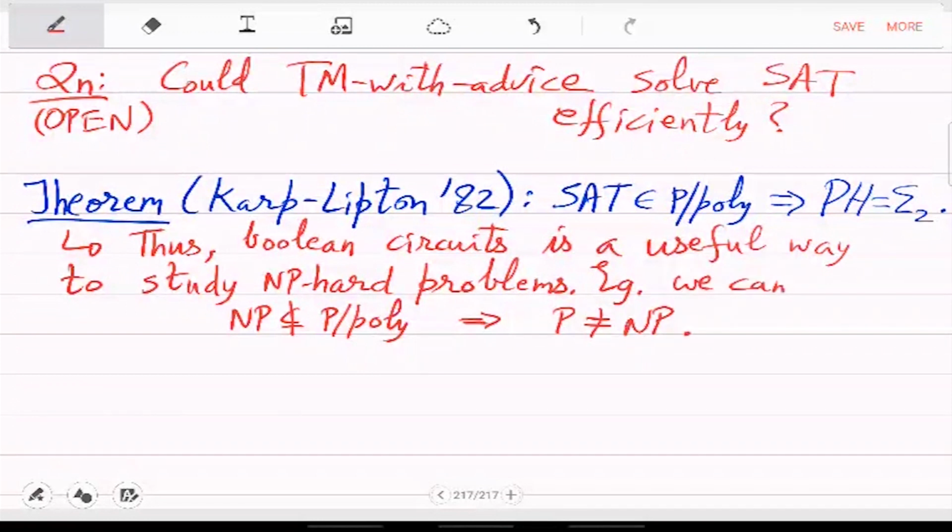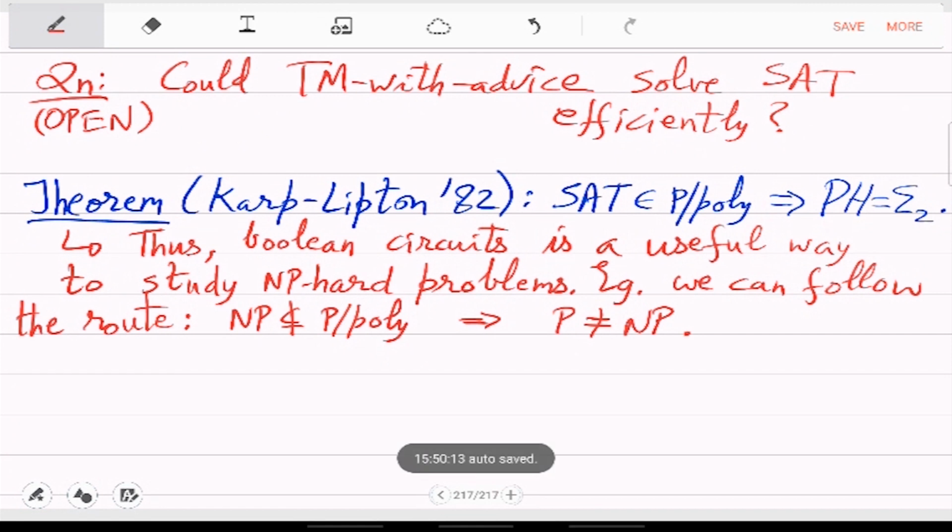Right. So we can follow this route; it is a feasible route because of the Karp-Lipton theorem. Show that SAT is not in P/poly and then separate P from NP. Right. So SAT not in P/poly is a stronger conjecture than SAT not in P. Okay, so let's prove Karp-Lipton.